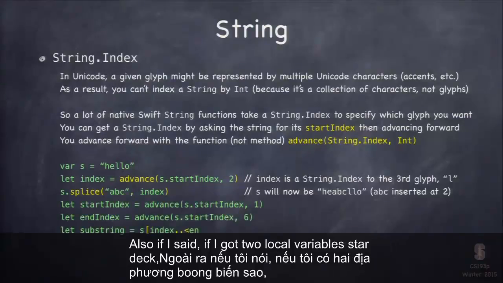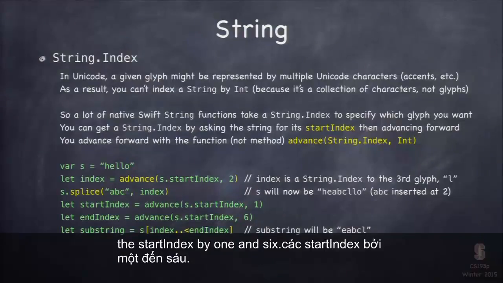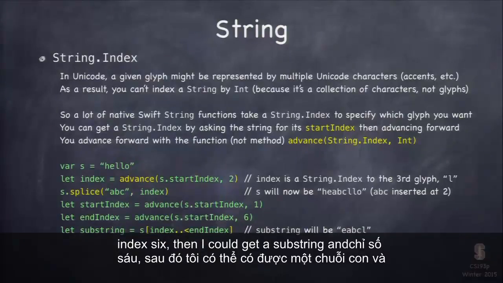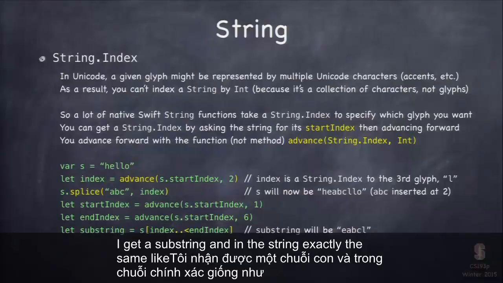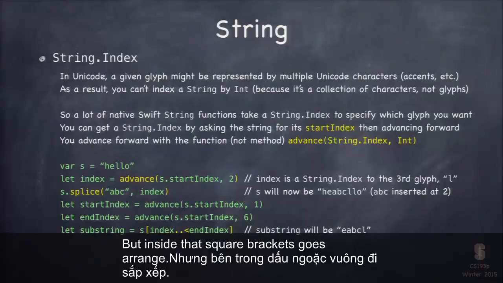Also, if I've got 2 local variables, start index and end index, which I made by taking advance of the start index by 1 and 6, so I want to go from index 1 to index 6, then I could get a substring. And I get a substring in a string exactly the same as in an array: square brackets, string, square brackets, but inside the square brackets goes a range.